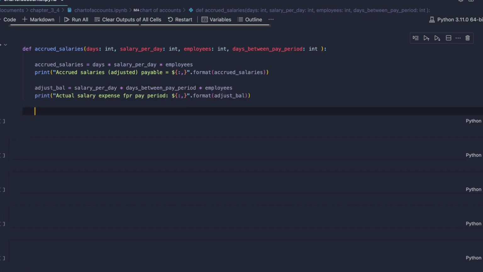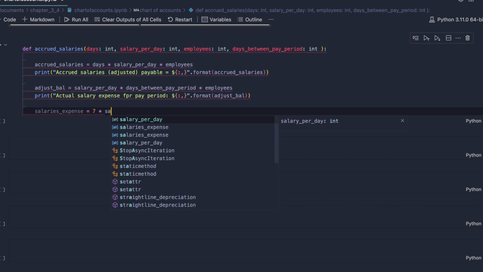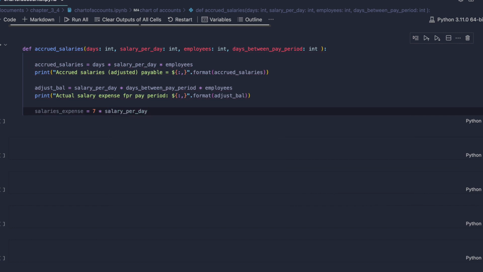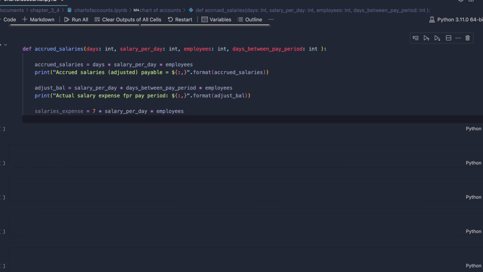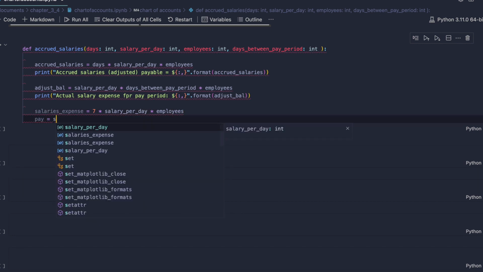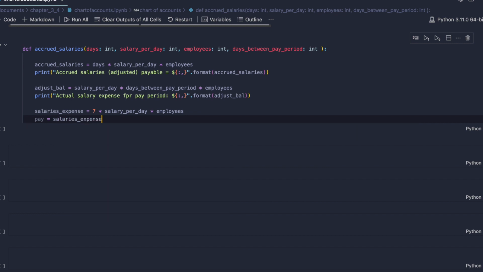Salaries expense is the 7 days times salary per day times employees. Pay is salaries expense plus accrued salary.